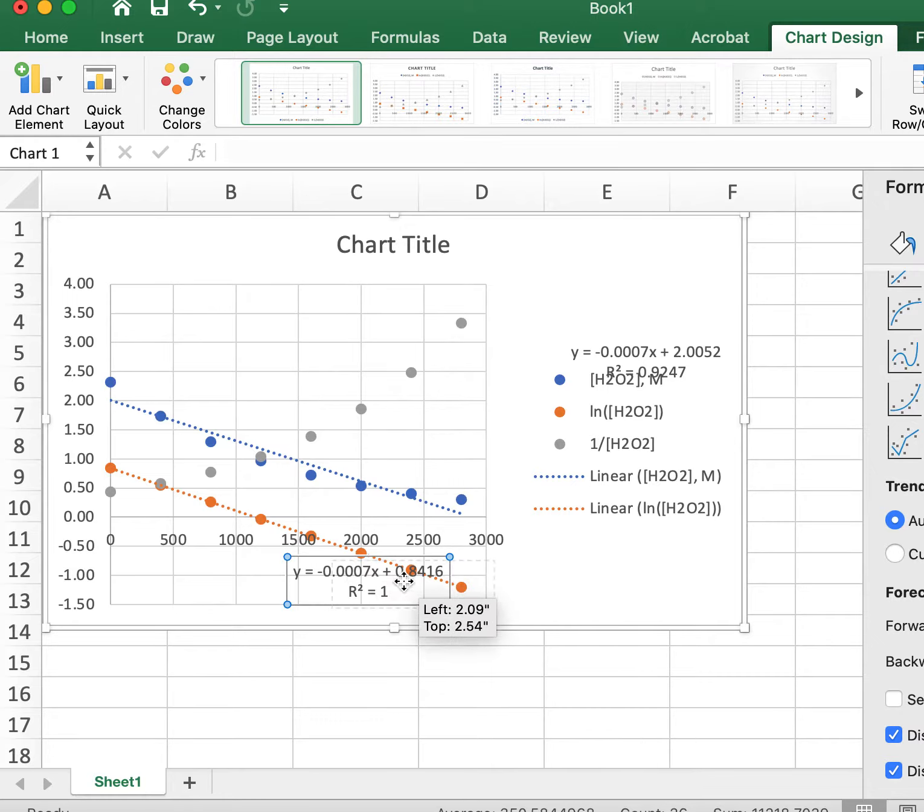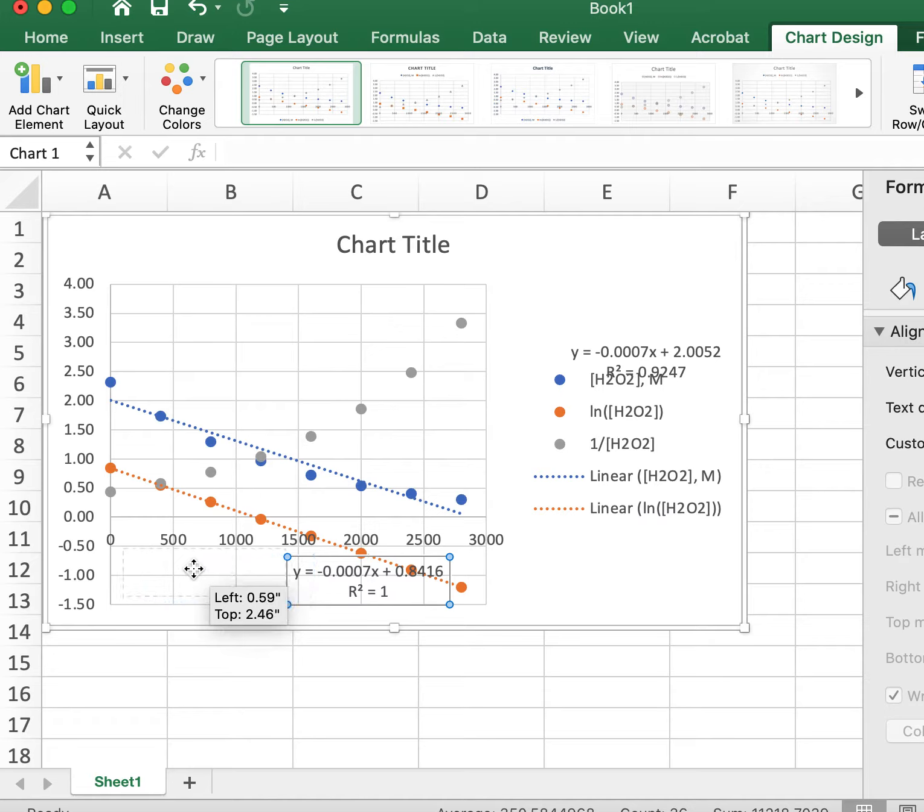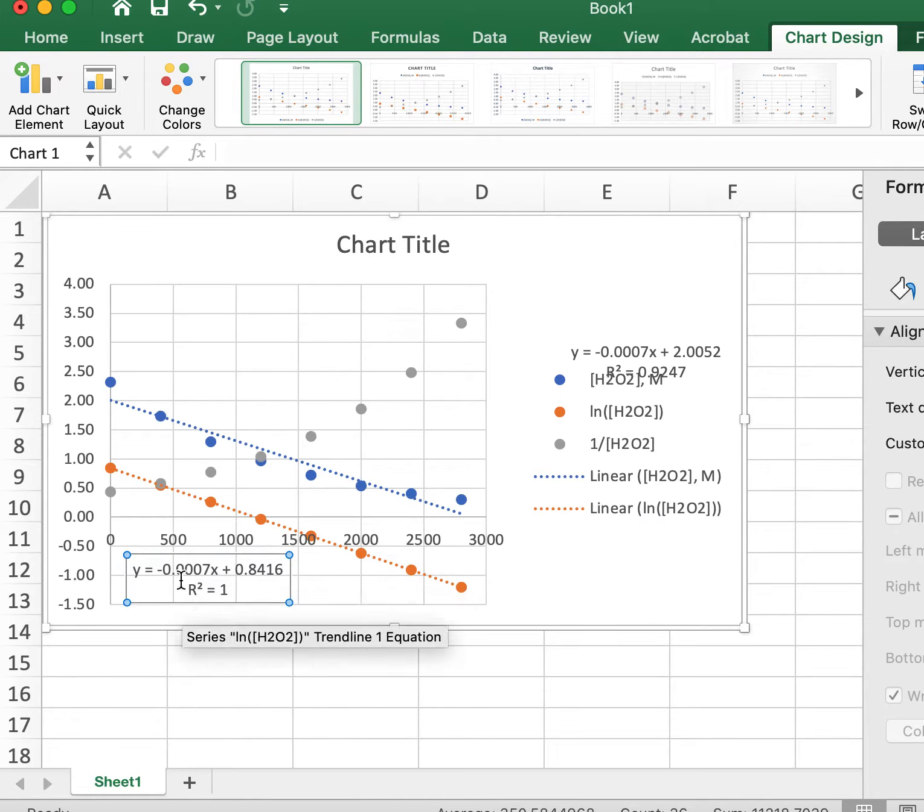And for the orange line, we'll just keep it down here by the orange line. We can see our r squared equals 1. Perfect. You can't get a correlation coefficient any better than that. This is essentially perfect data because I calculated it.